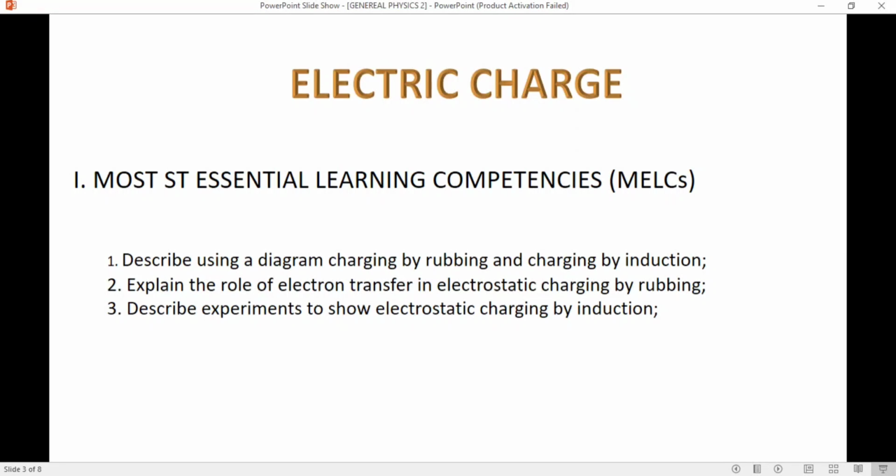So describe electric charge by using a diagram, or charging by rubbing and charging by induction, and the role of electron transfer and electrostatic charging by rubbing, and describe experiments to show electrostatic charging by induction. Alright?